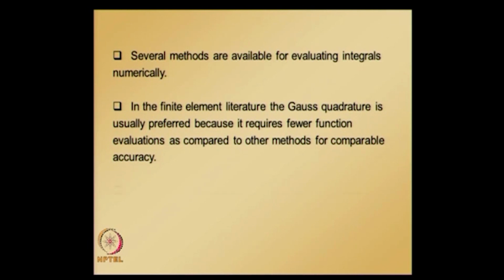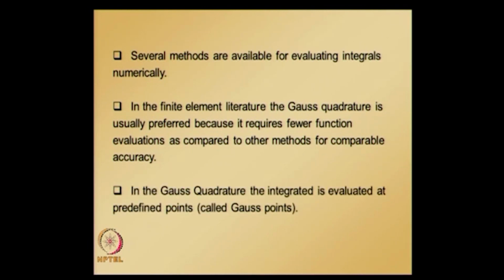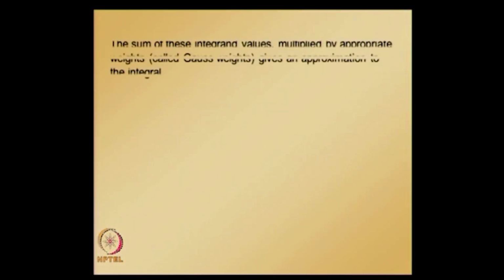In Gaussian quadrature, the integrand is evaluated at predefined points called Gauss points, and some of these integrand values multiplied by an appropriate weight called Gauss weight gives an approximation to the integral.